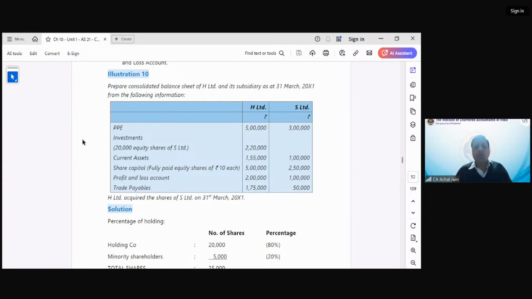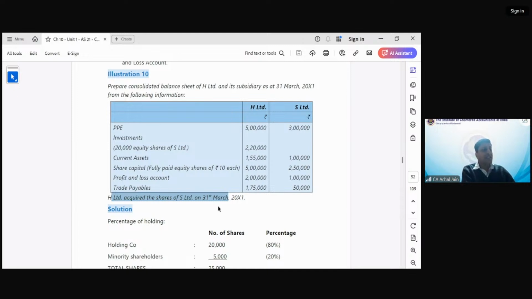Okay, so in the question, you are given the information about their balance sheet. You are required to prepare the consolidated balance sheet. We are also given the information that this acquisition by H Limited of S Limited had taken place on 31st March. Okay, so in this case, the date of balance sheet and the date of acquisition happen to be the same. They happen to be on the same date.